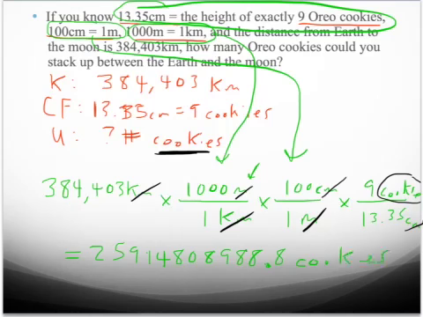And if we wanted to figure out the significant figures, you would look up above and say, okay, this number was measured, the 13.35 centimeters. This number was measured, the number of kilometers between the Earth and the Moon. The other numbers weren't measured.